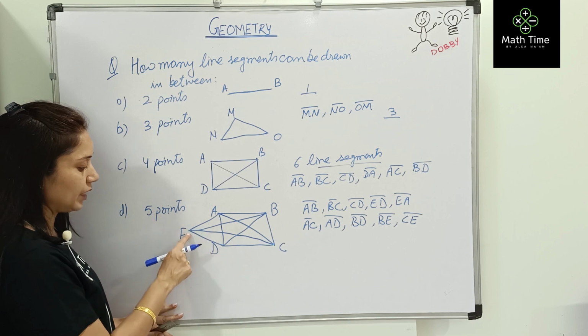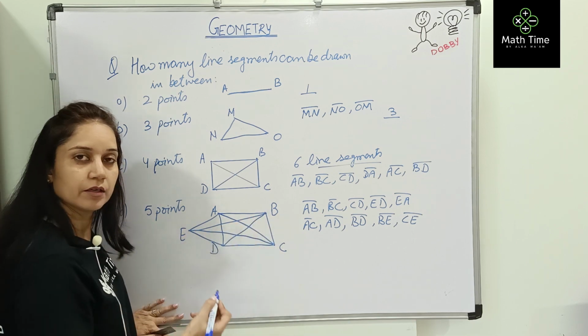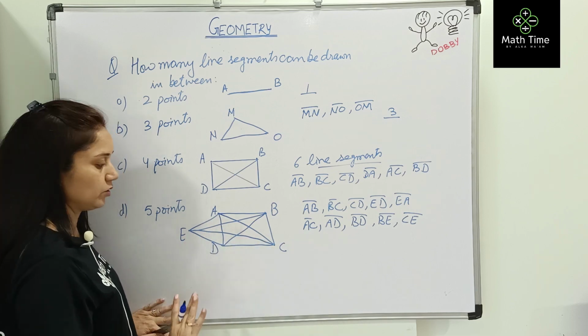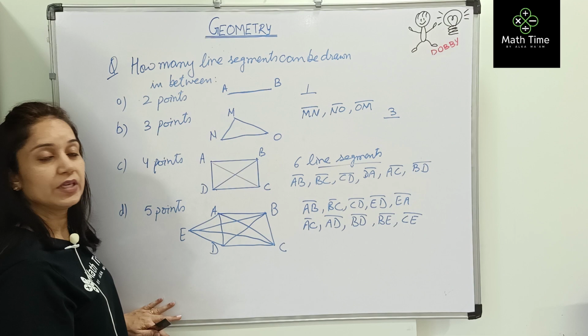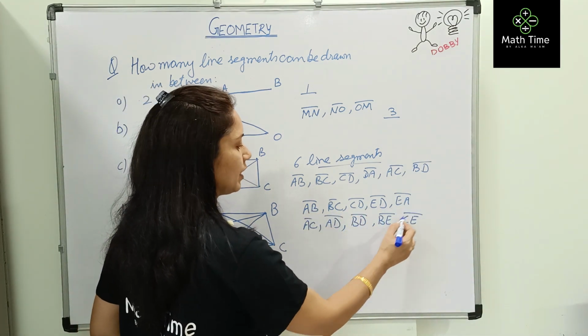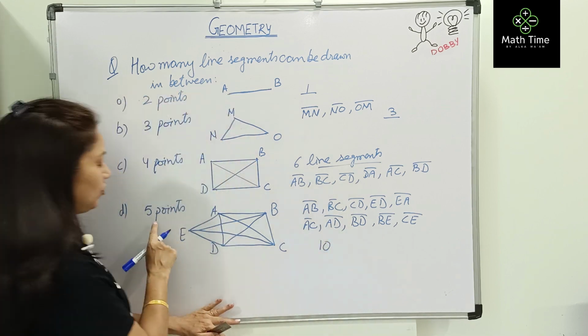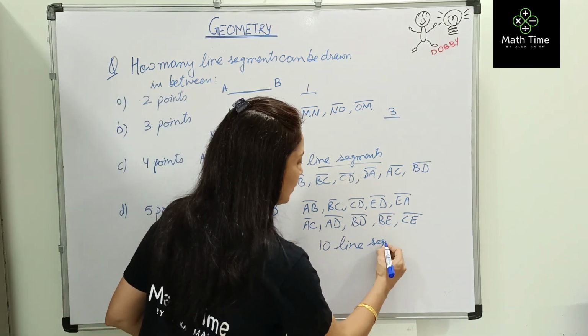So not making from D again. From E, EB and EC, both are already done. So not repeating them. Now back to A, which is already done. So now count how many line segments have been made. 1, 2, 3, 4, 5, 6, 7, 8, 9, 10. So that means with 5 points we can make 10 line segments.